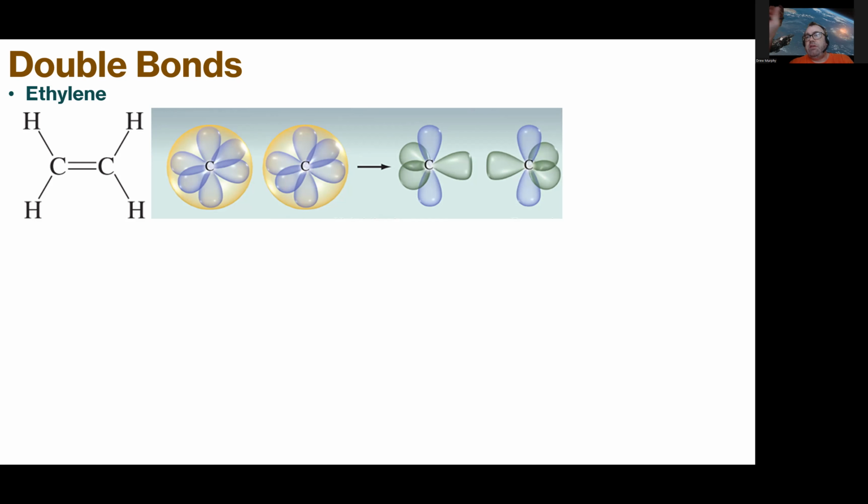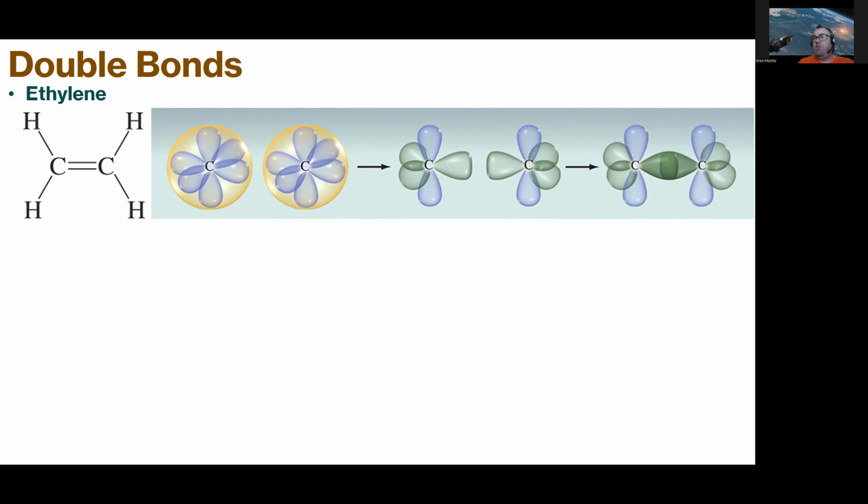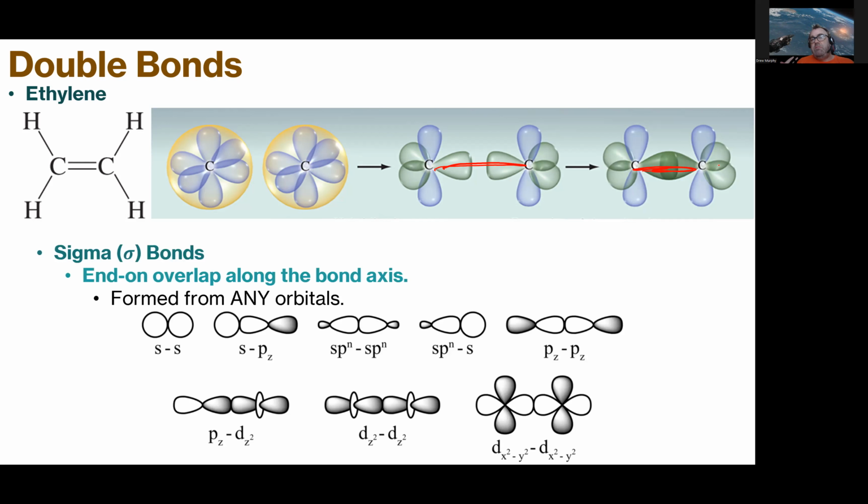And because they're sp2, they have three identical sp2 orbitals in the trigonal planar around the carbon. There's a p orbital that's above and below. That's an unhybridized p orbital. So what we get is the overlap of these two, which is right here, along the bond axis between the two nuclei.